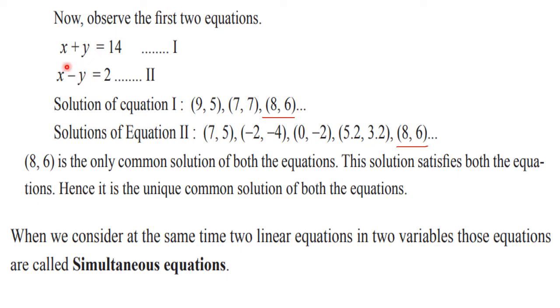That means if in one equation you have x, y as variables, in the second equation also you should have x and y only as the variables. You cannot have p and q. Then they will not be simultaneous. In both the equations the variables should be the same, and their degree should be the same. Then only we can say that they are simultaneous equations. To be more specific, they are simultaneous linear equations.